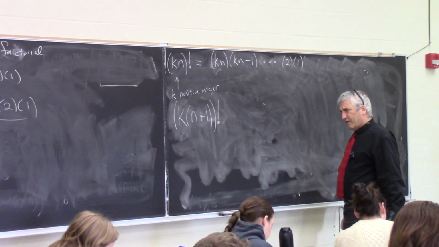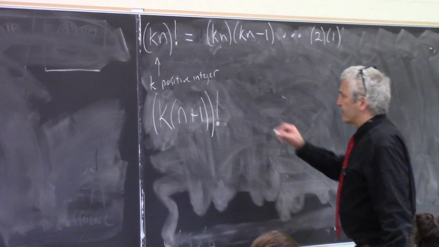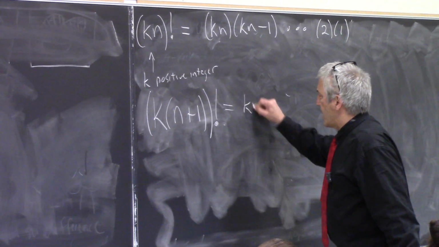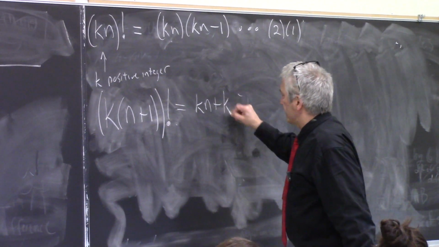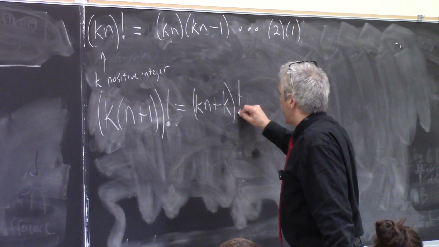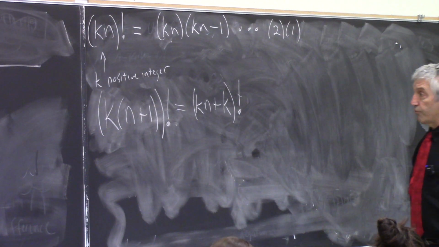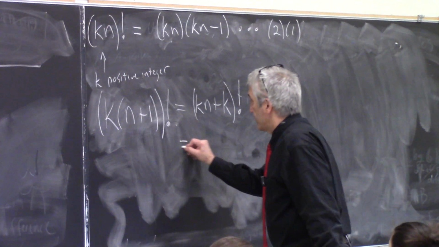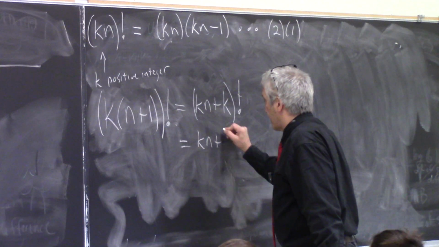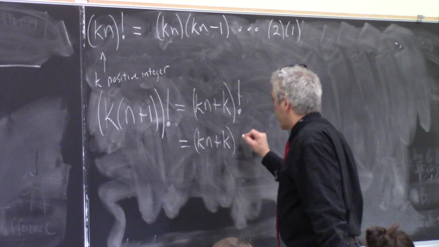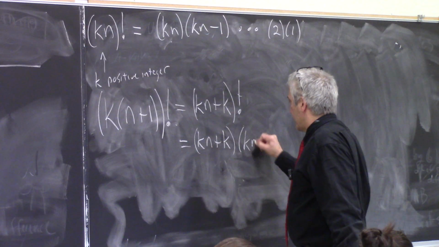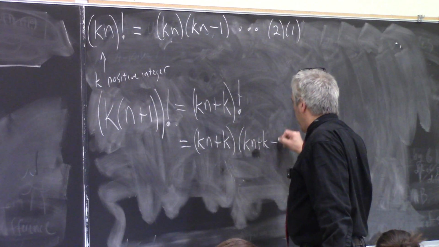Well, let's make the thing inside look a little bit simpler. So this is going to be kn plus k inside, and that's going to be factorialed. Well, that just means we're going to do the usual thing. We're going to start with that term, kn plus k, and then we're going to subtract 1, so we're going to have kn plus k minus 1.